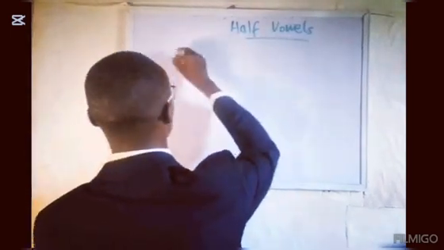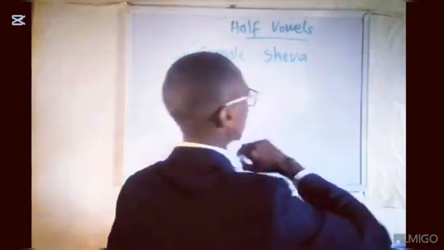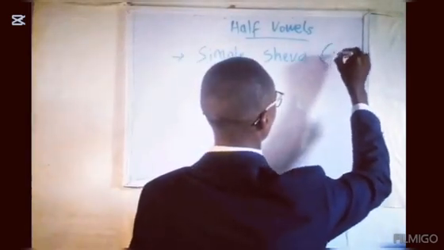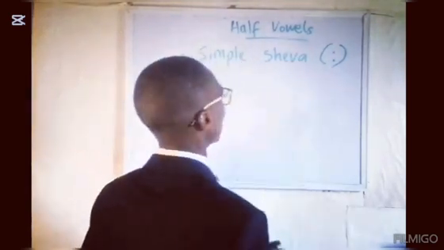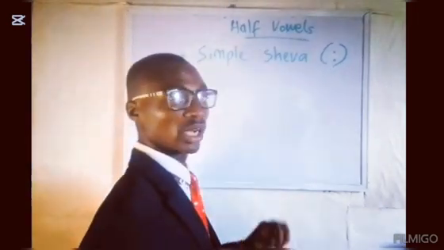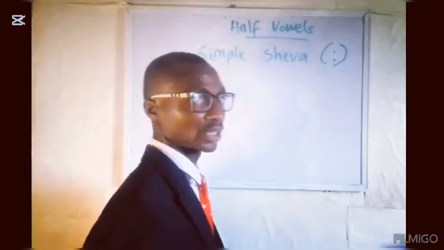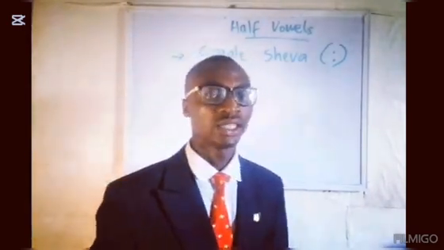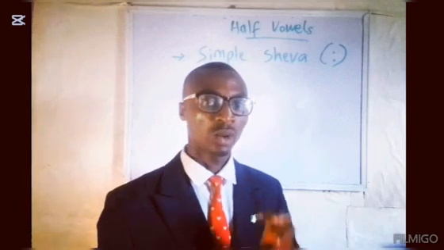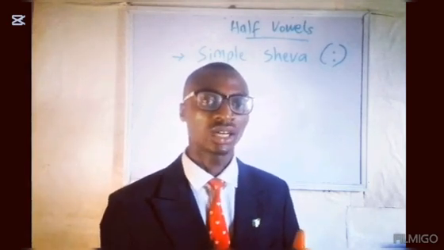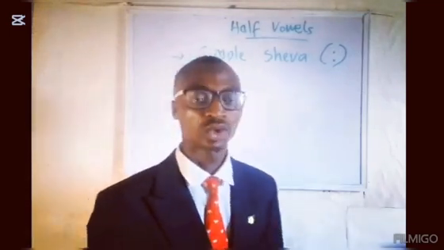Now the simple sheva has this symbol, like the English colon. We have the silent sheva and the vocal sheva. However, the silent sheva is not really seen as a vowel per se, because it is not a vowel that is pronounced, voiced, or transliterated in the course of the word.